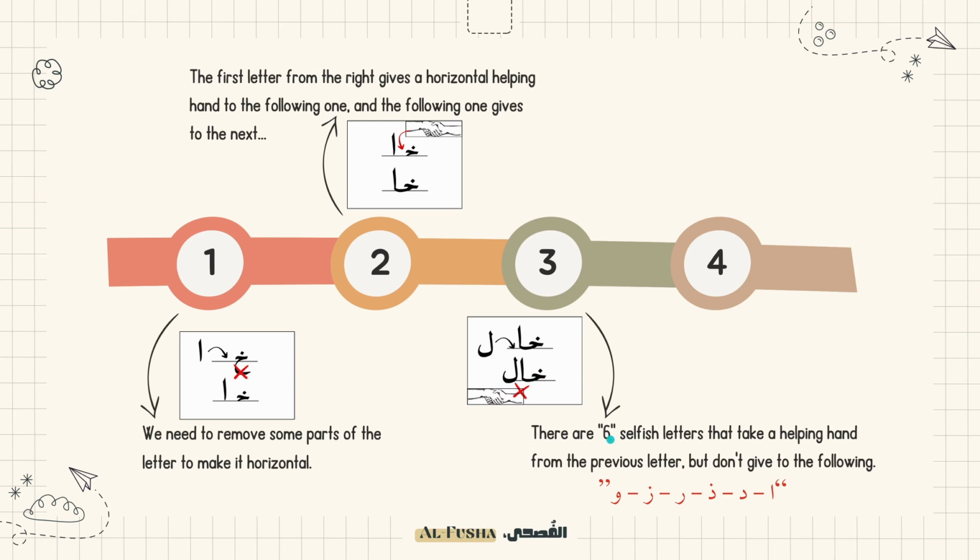So there are 6 selfish letters that take a helping hand from the previous letter, but don't give to the following. And these 6 are 2 from the very beginning and the very end, which is Alif from the very beginning, and Waw from the very end, and 4 from the center, which is Dal, Dhal, Ra, Za. So Alif, Waw, and Dal, Dhal, Ra, Za.